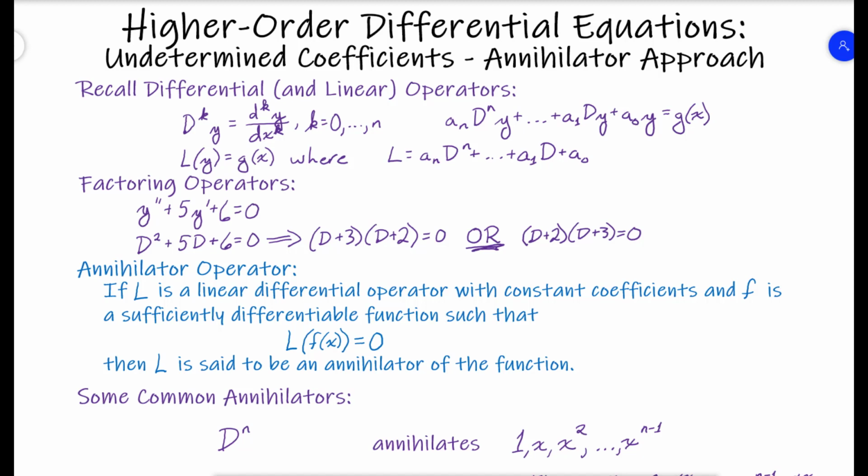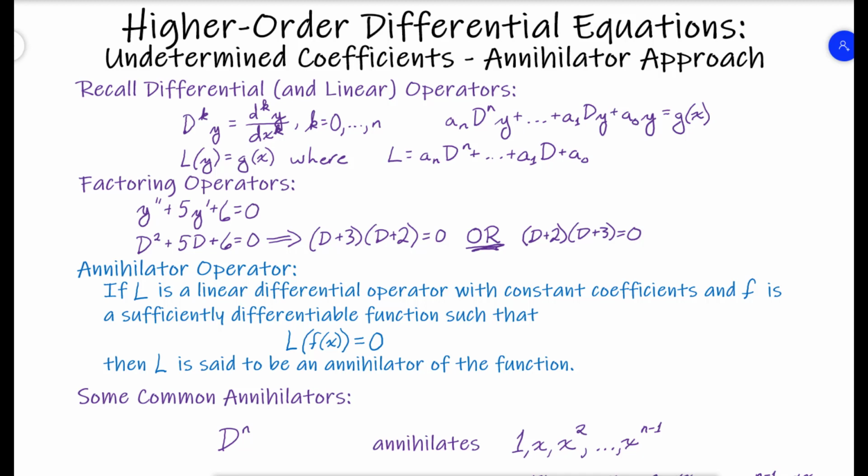And we were able to make linear combinations of these. We could take a sub n times D to the n times y, plus keep on going down in power to a sub 1 D to the first power times y, plus a sub 0 times y equals g of x. And that was called a linear operator.